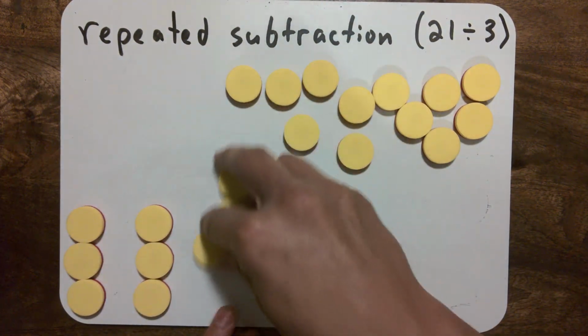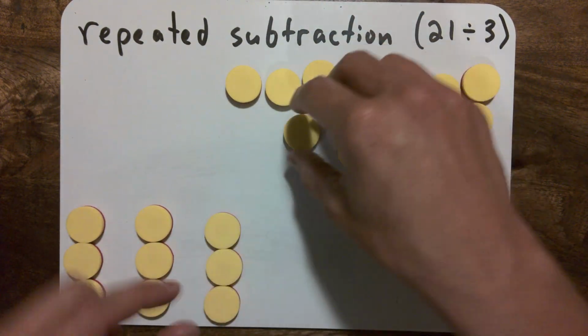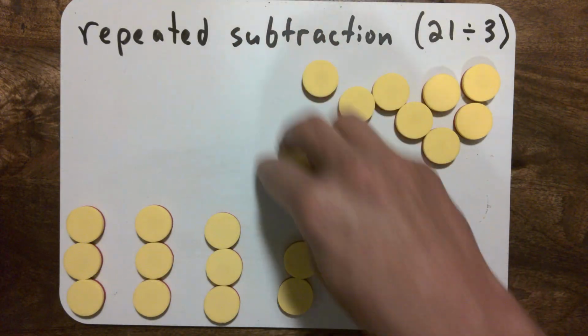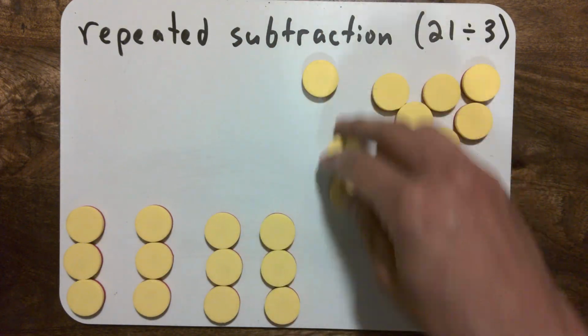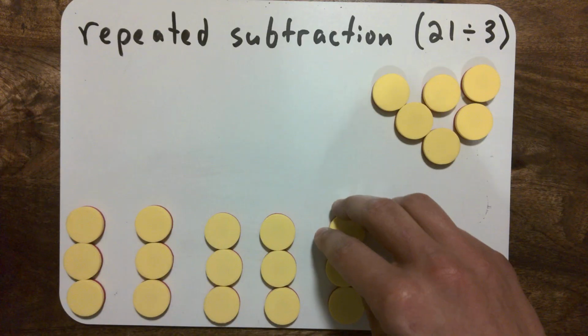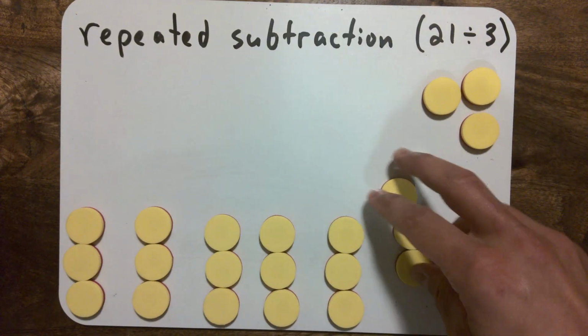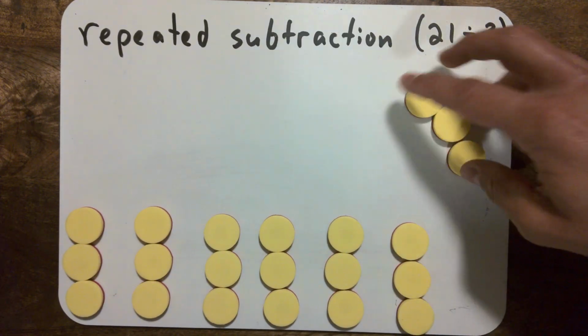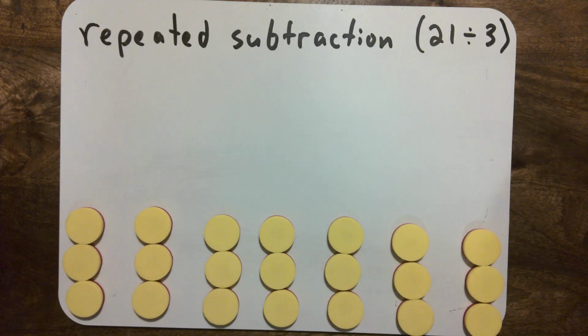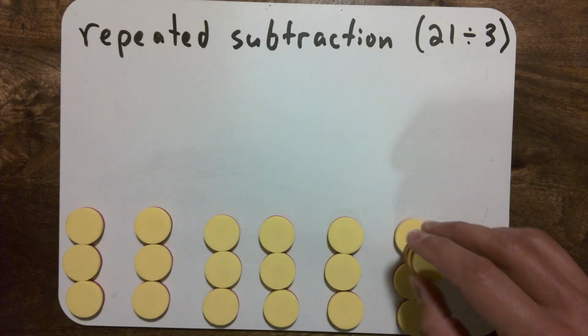Third group. Four groups. 5 groups. With each of these, I'm just subtracting 3 from that total every time. Then again, I can see there's 7 total groups. So 21 divided by 3 is going to be 7.